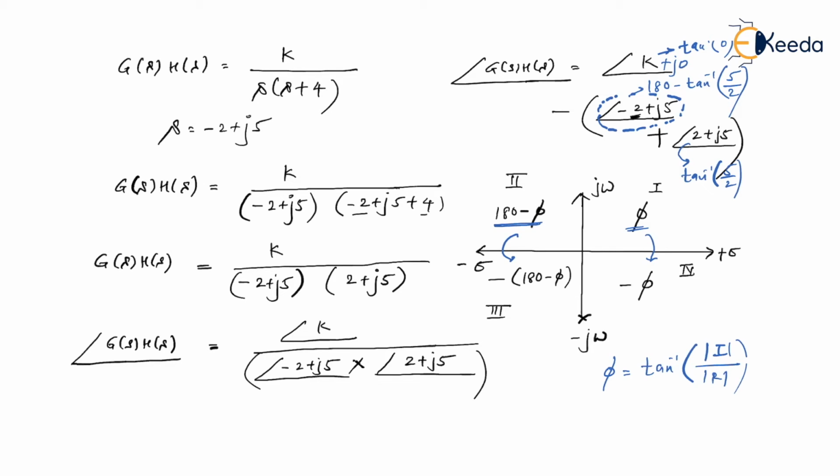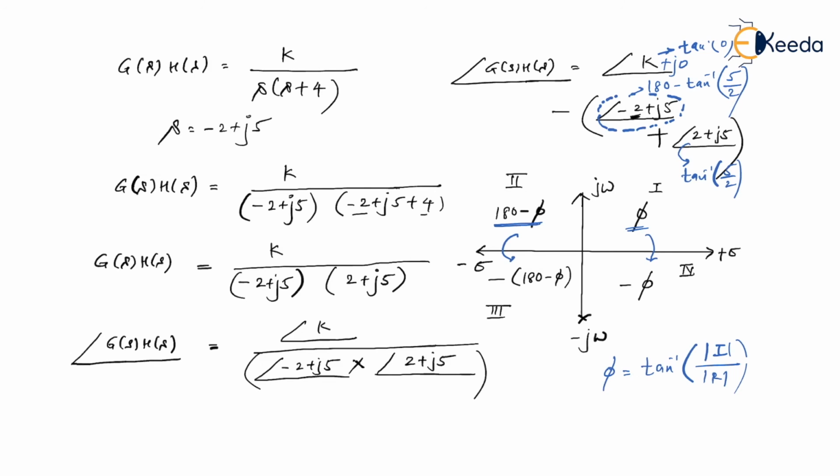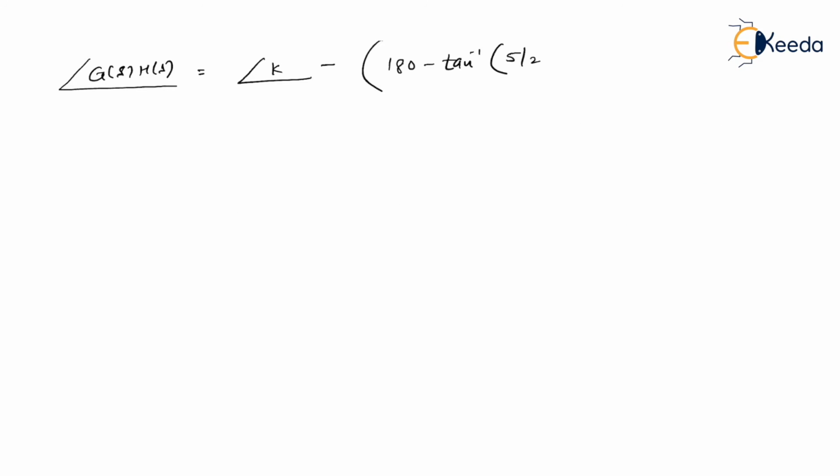Fine. So let me write this angle of G(s)H(s) again on the next slide. You need not worry, I'll copy the same thing over here. Angle of G(s)H(s) is equal to angle of K minus, it was 180 minus tan inverse of imaginary upon real, which is nothing but 5 by 2, plus it was tan inverse of 5 by 2.